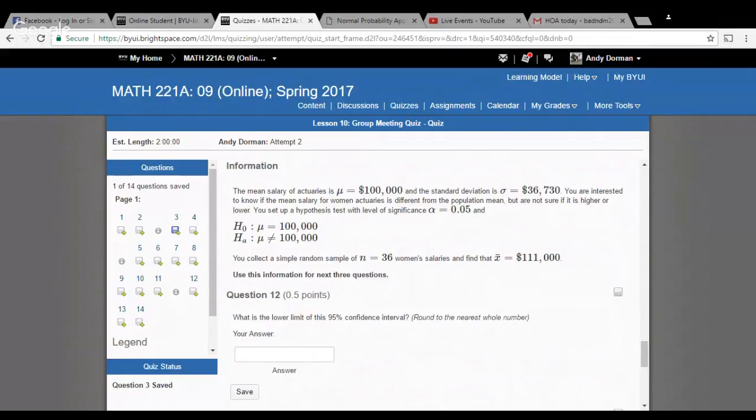Okay. What we need to do, we need the lower limit of the 95% confidence interval rounded to the nearest whole number.